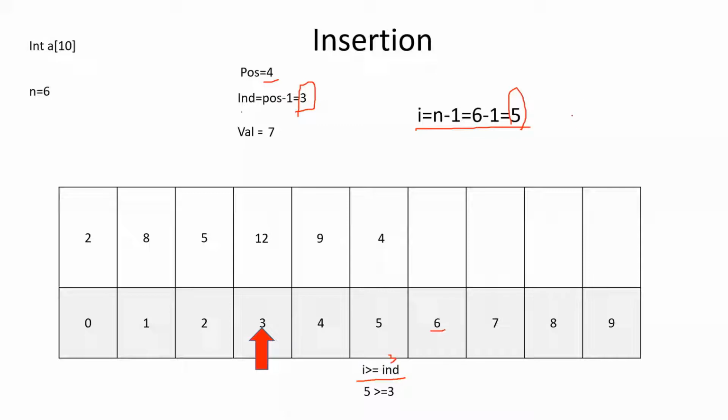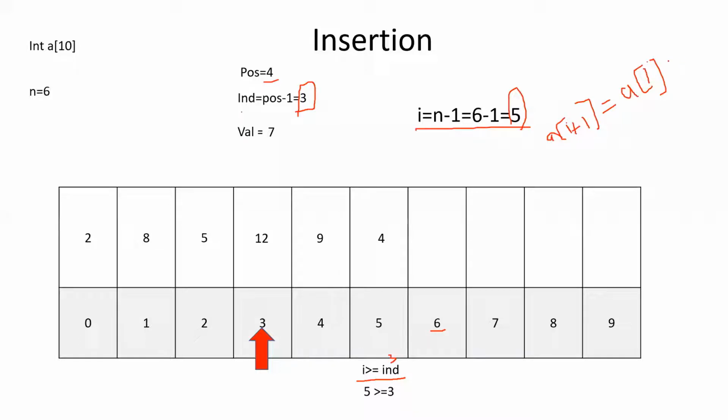So what do you mean by A of I plus 1 equal to A of I? What will happen if I give A of I plus 1 equal to A of I? What is A of I plus 1? The position is, so what is the value at A of I?